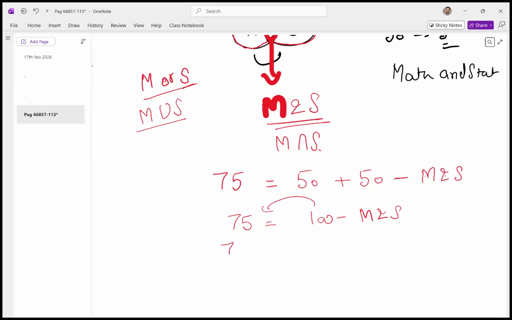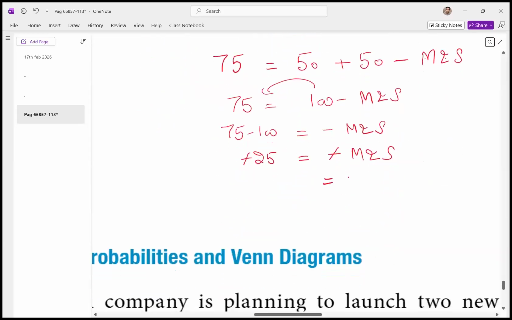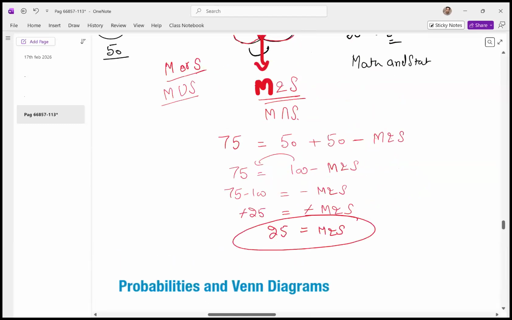I'm going to move it to the other side. 75 minus 100 equals minus math and stat. This is equal to minus 25 equals minus M and S. That cancels out. So math and stat is 25. That's your answer for this question.